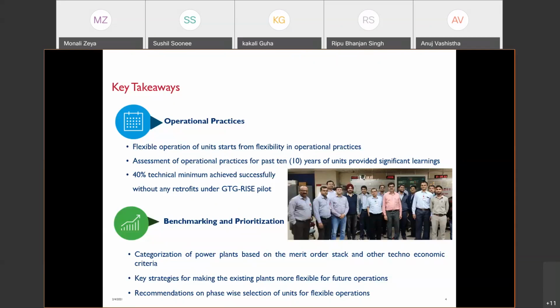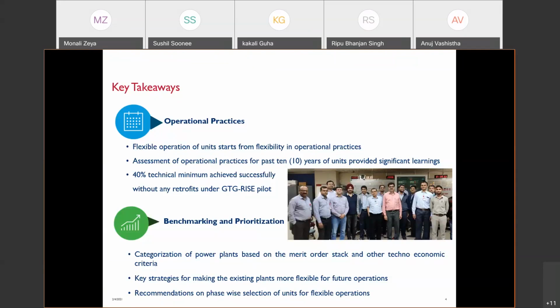And that essentially also led us to prepare low-load test run procedures to instill confidence in the operators and to demonstrate to them that yes, the units can run at low loads without any significant retrofits or CapEx investments.